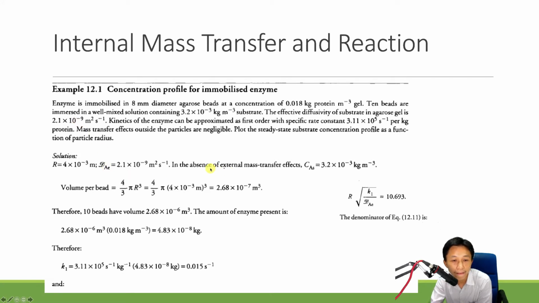The concentration CAS at the surface is this one. From the diameter, we find the volume of the bead, spherical in shape. It looks like this, and this is the volume. For 10 beads, we get 10 to the minus 6, from 10 to the minus 7 here.